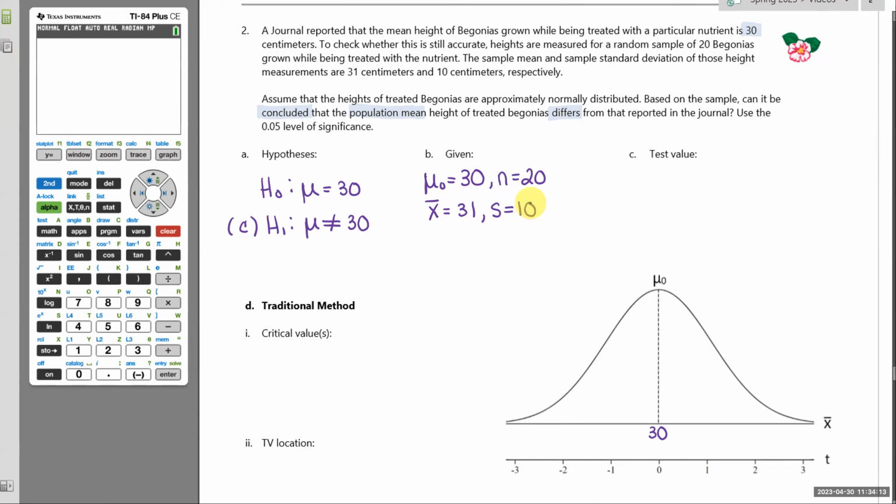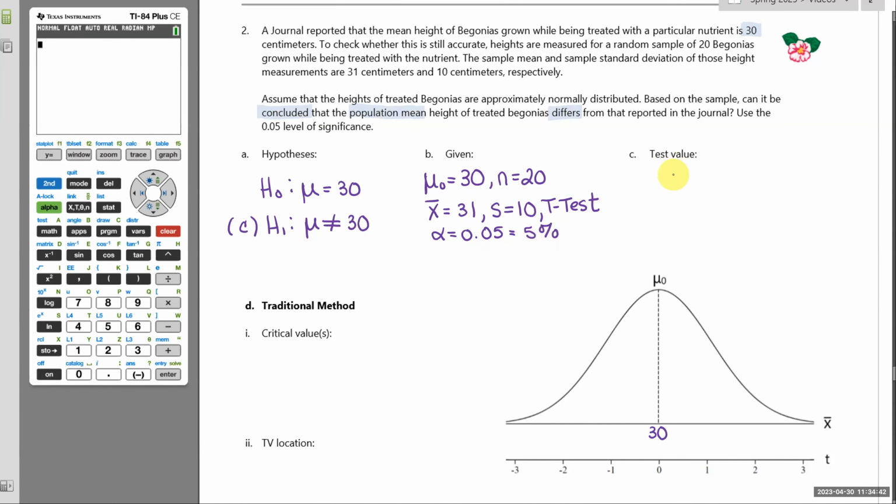So as soon as I wrote that, I know that I'll be using a t-test, not a z-test. We don't know sigma. And the alpha they'd like us to use, significance level alpha, is 0.05. I like to write that as a percent as well. So 5% significance level.